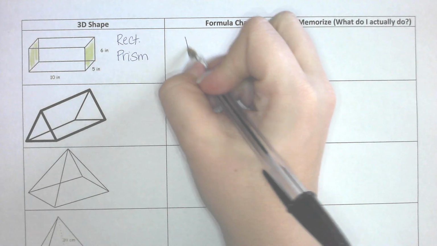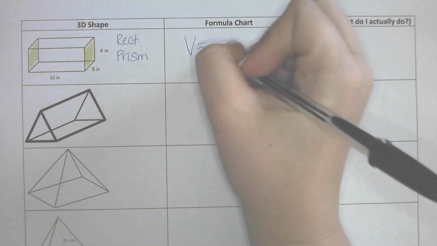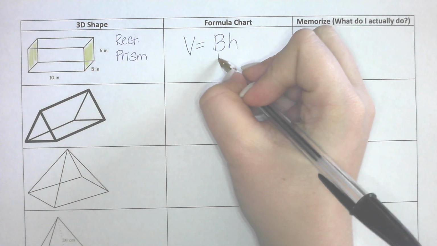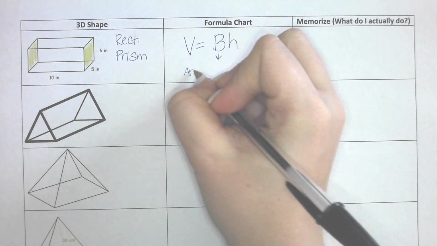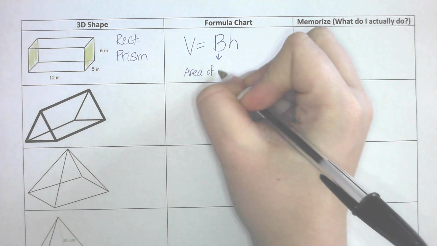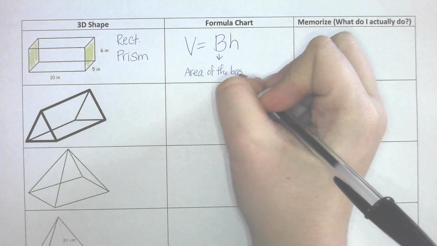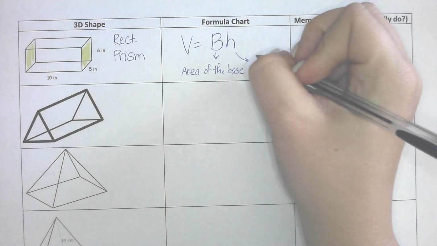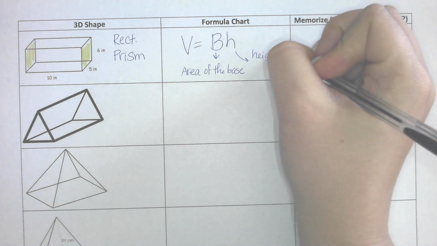So the formula chart, V equals big B times H. Remember that big B means area of the base. Okay? And then this H just means the height of the prism.